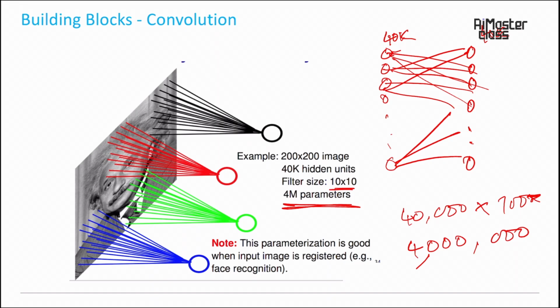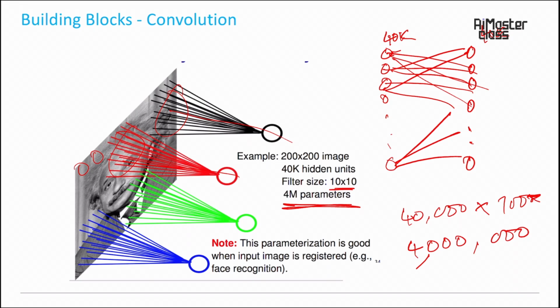So we'll connect maybe this part to one neuron, this part to another neuron, this part to another neuron, and so on. But this parameterization is good when all your input images are registered, when the same part appears in the same region of the image.